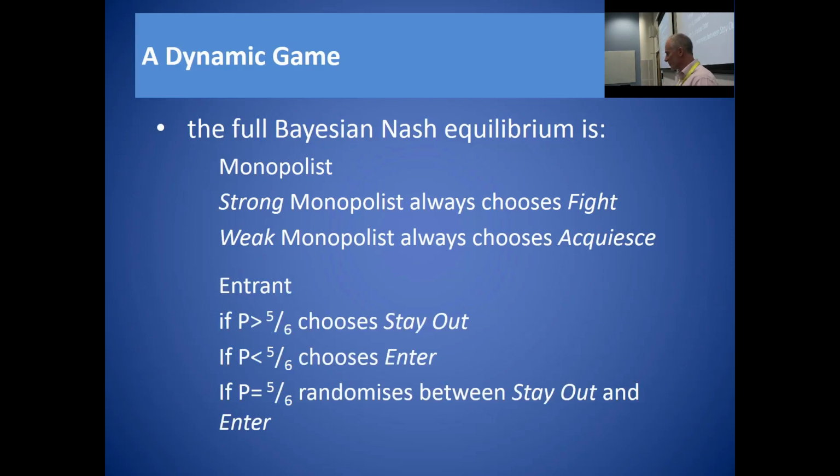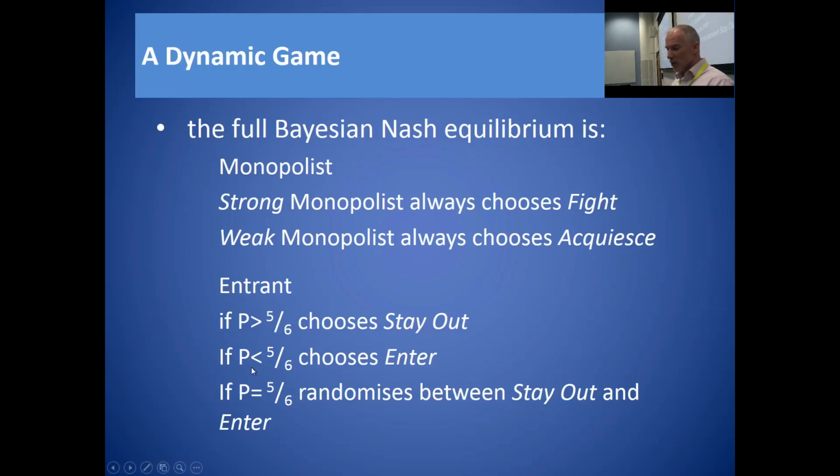And then, for the entrant, this is that last part that we found, we said when P, the perceived probability that the monopolist is strong, was greater than 5/6, the entrant would choose to stay out because the expected payoff was greater.